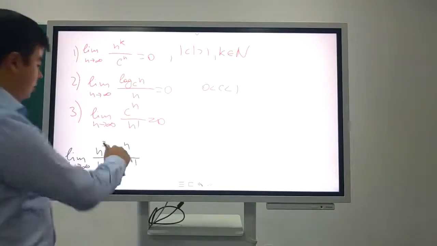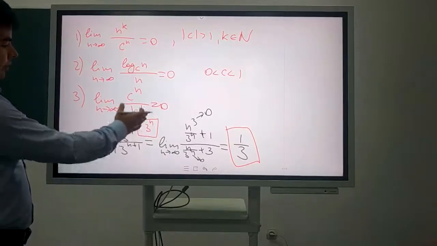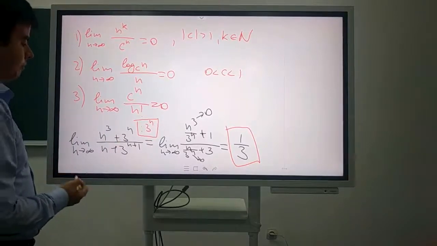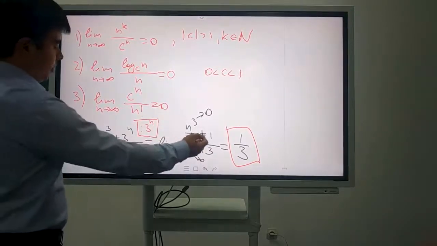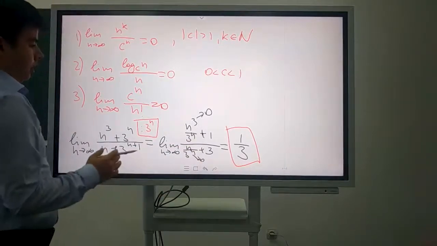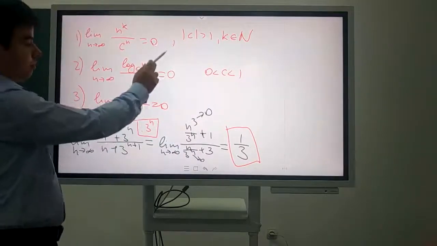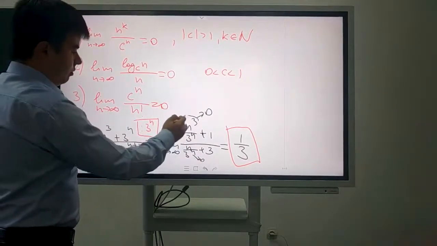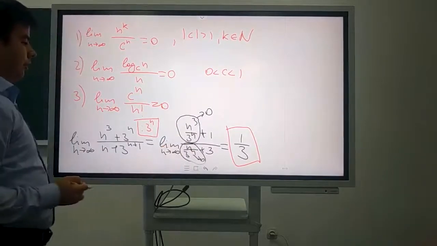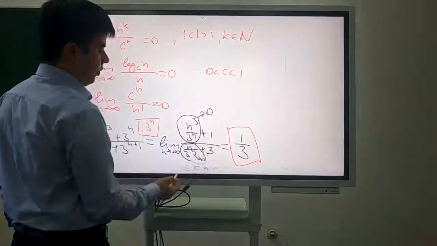Here we can divide by 3 to the power of n, numerator and denominator, and then we get n cubed over 3 to the power of n plus 1 and n over 3 to the power of n plus 3. So they go to 0 using the first one and this one. They go to 0, and we have just 1 over 3 as the answer.